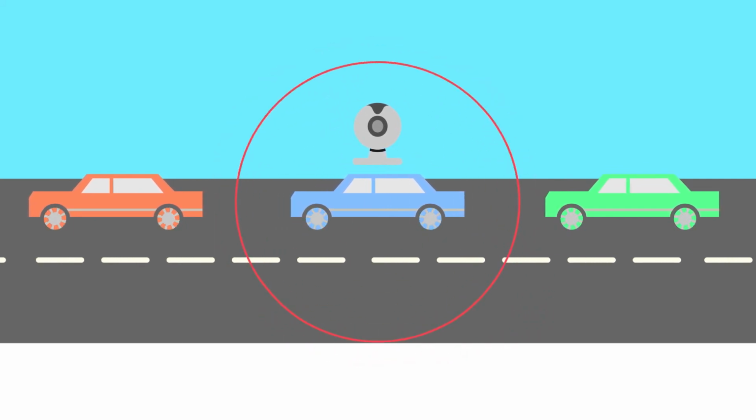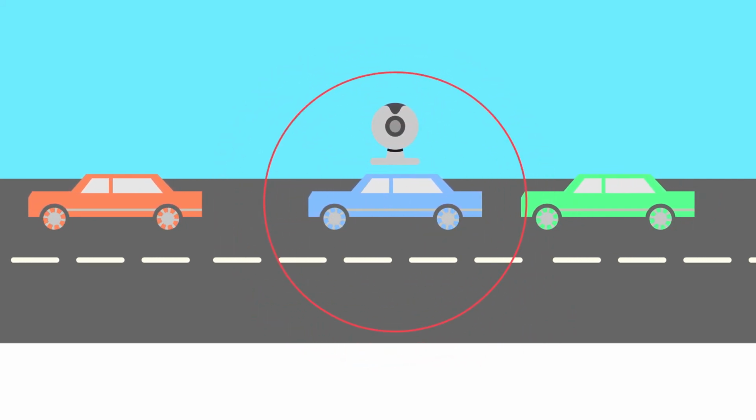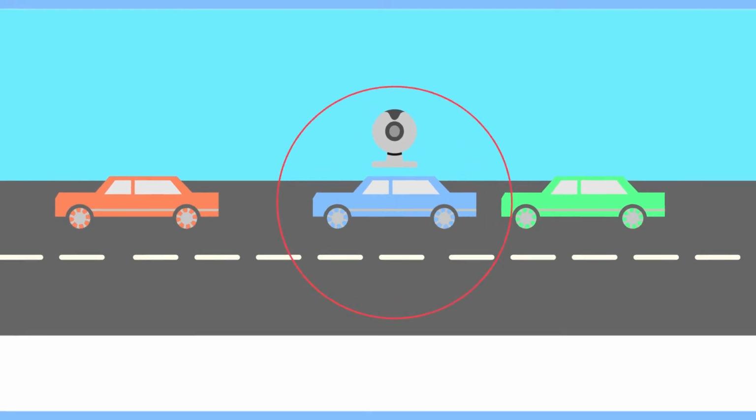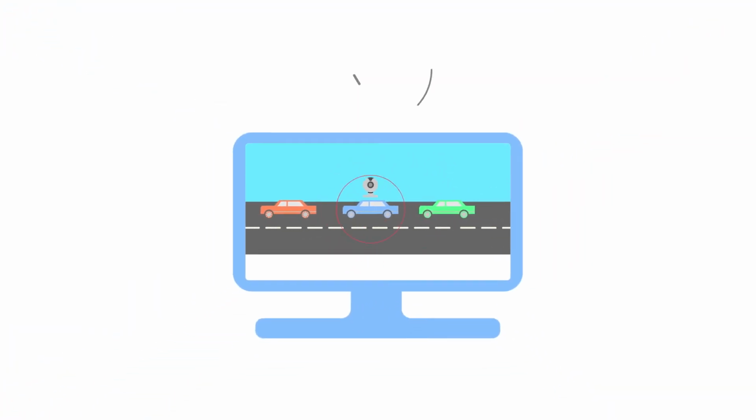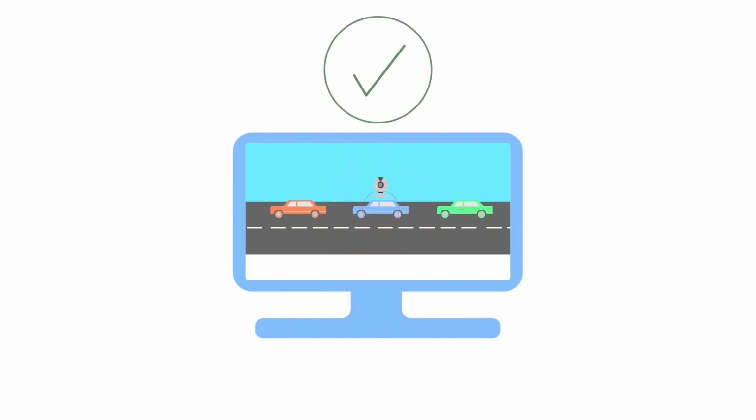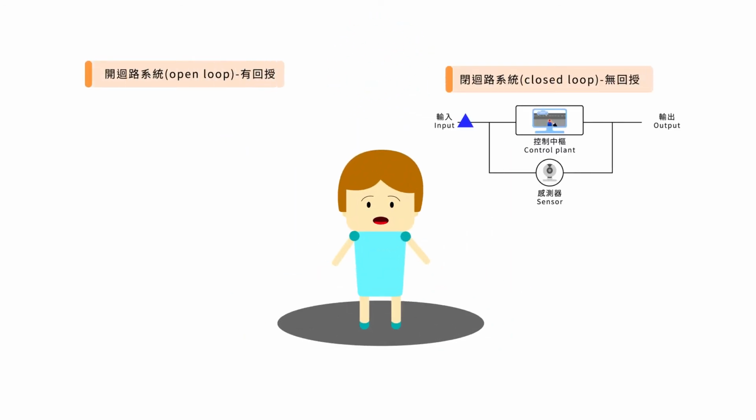If the distance measured by the sensor is determined by the computer to be too close, then the car will adjust its speed. Computer calculations will determine if the car in front stays at constant speed. If so, the self-driving car will maintain its pace.